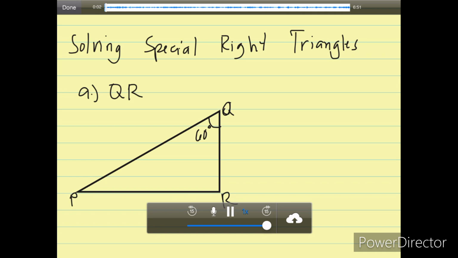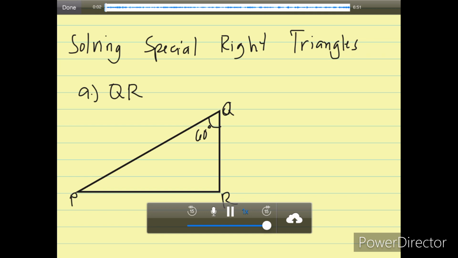So for example, we have a triangle here, the triangle PQR. And the measure of its angle Q is 60 degree. And the length of the side opposite to 60 degree is 15. So we are going to solve the QR. So to solve for the QR, this is now the solution.